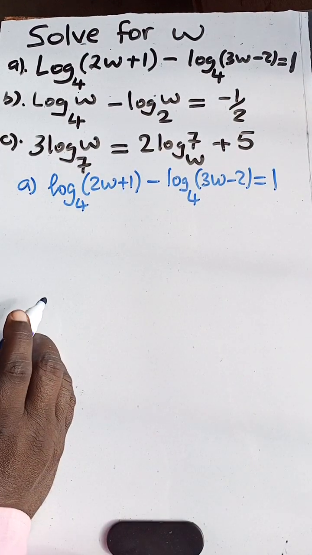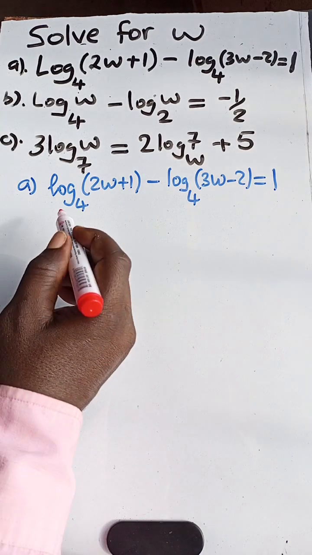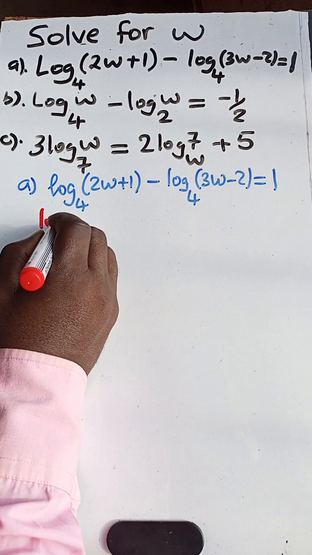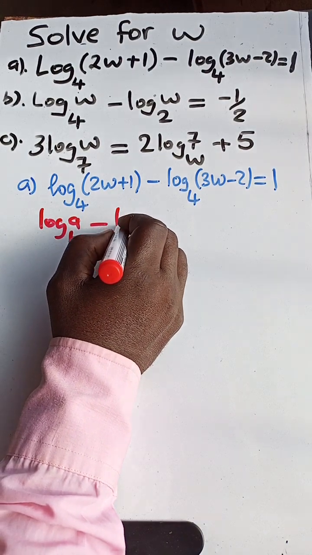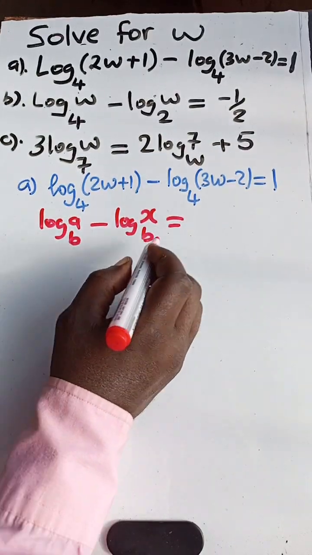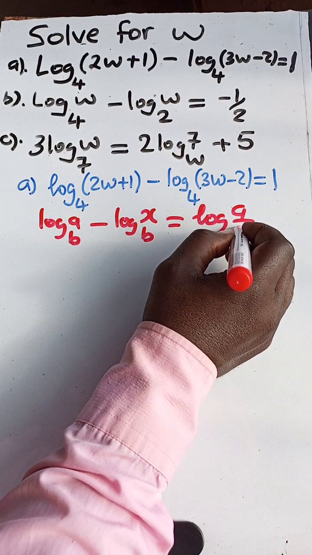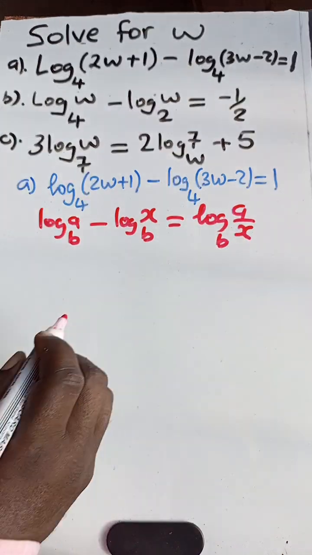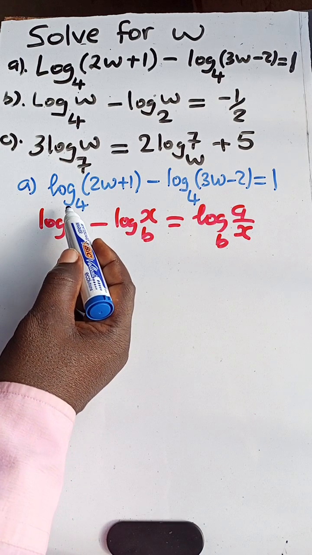Now, we know the law of logarithm, which says log a base b minus log x base b. That law simply says that we're going to write log a all over x base b. Okay, so what do we have here?